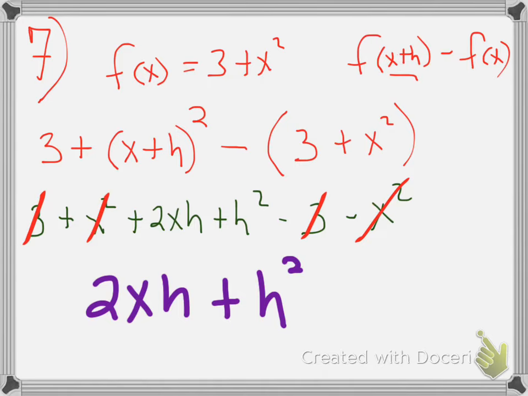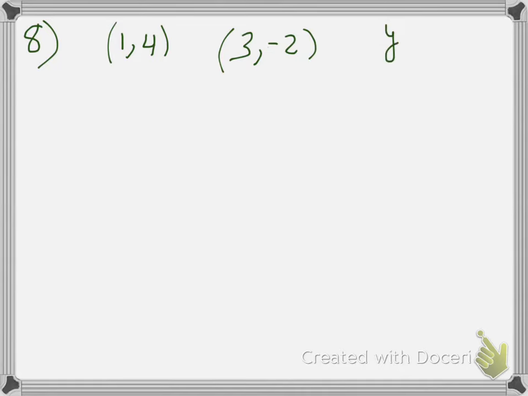Alright. Number 8 says find the slope-intercept form of the line through the points (1, 4) and (3, -2). Remember, slope-intercept is y equals mx plus b.